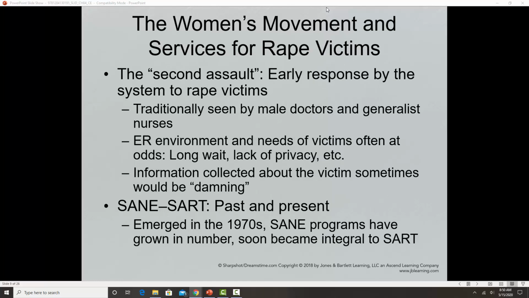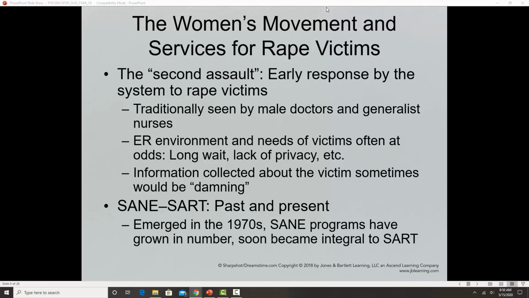Now, the women's movement, specifically related to victims of sexual assault in the early 1970s, when police departments and rape crisis centers first began to address the crime of sexual assault. Little was known about victims, offenders. A lot of victims felt like they were being victimized twice.